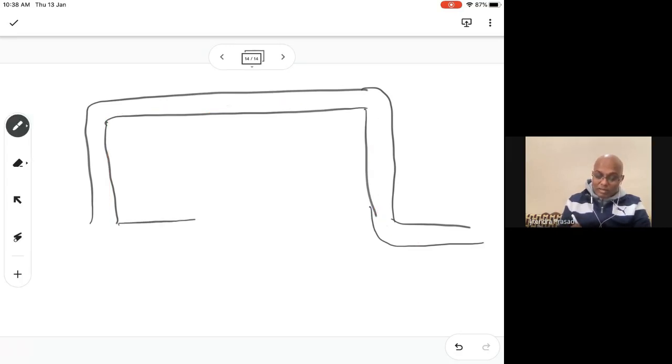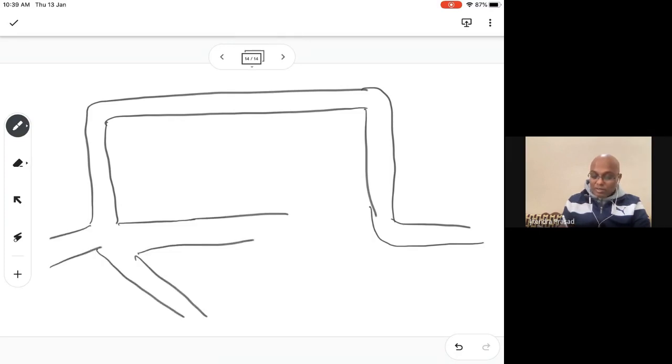So let us say we have this kind of pipe going, and we can fix the pressure like this.